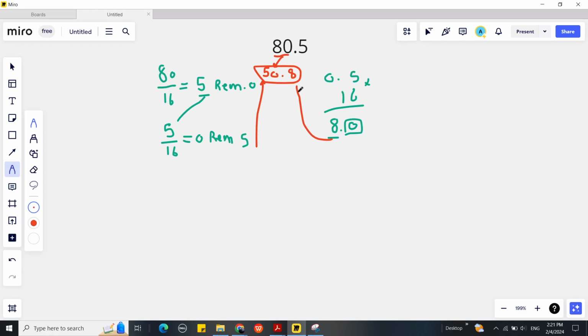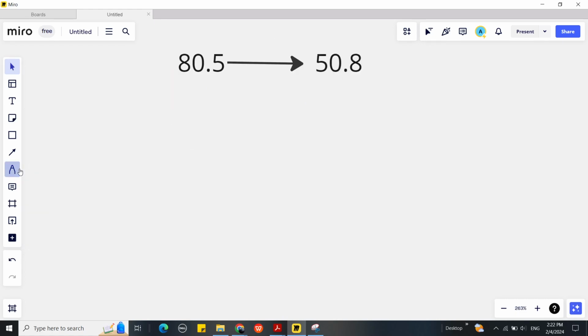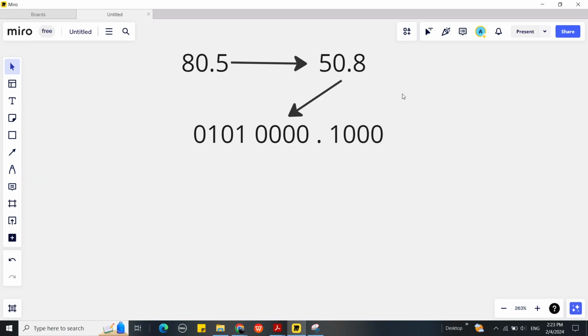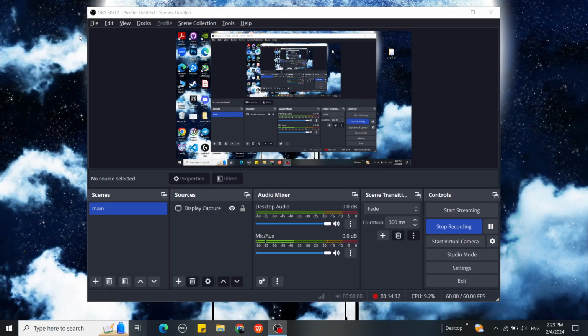Now I'm going to remove everything and come back. Okay, so this is my decimal number and this is my hexadecimal number. I'm going to change my hexadecimal number to binary, and it's pretty simple and easy. So 5 is going to be 0101, and 0 is going to be 0000, and then another point, because remember the decimal point goes here, and then 8, which is going to be 1000.